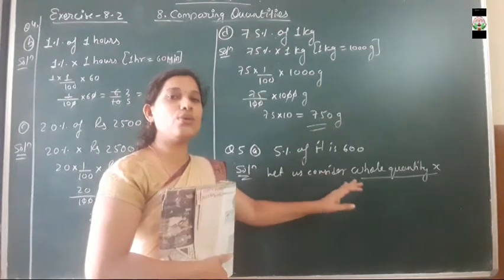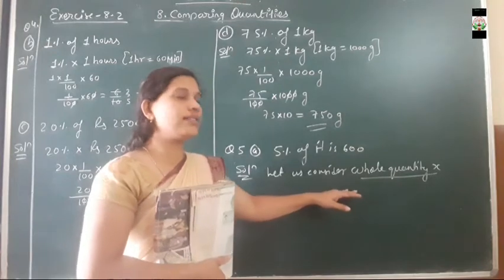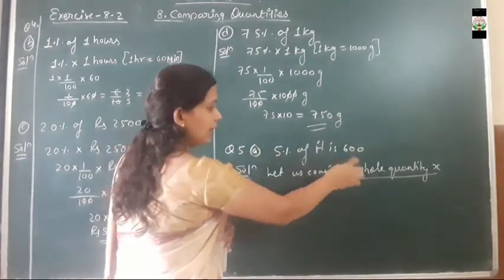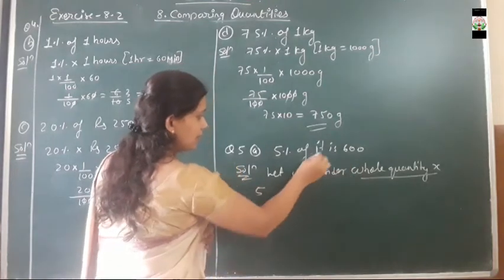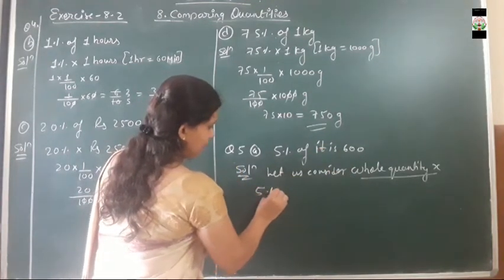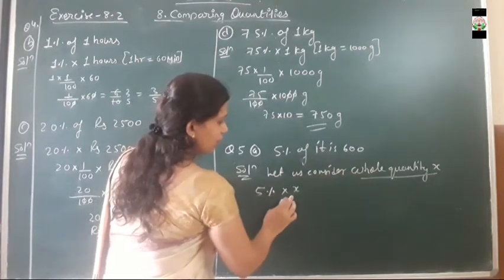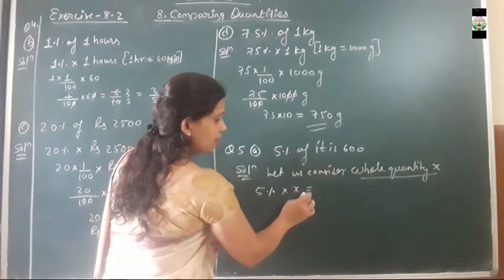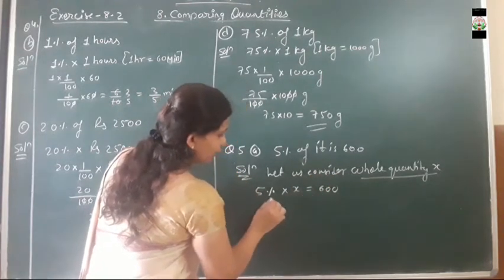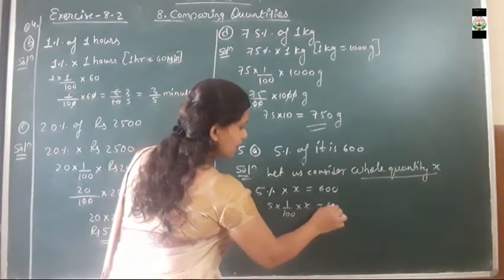The whole quantity, which we have to find, we will consider as x. So in place of "it" what will we write? x, because that only is denoted as "it". So 5% of it is 600 means 5 into percent, that is 1 upon 100, into x is equal to 600.